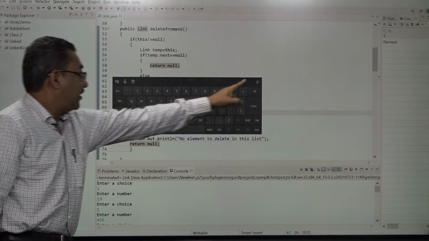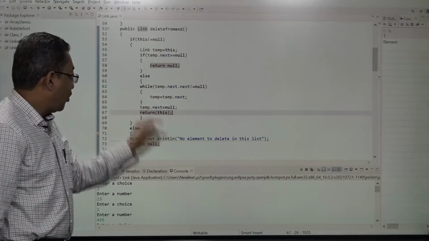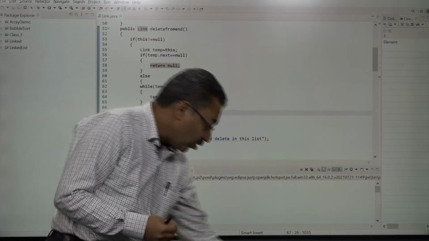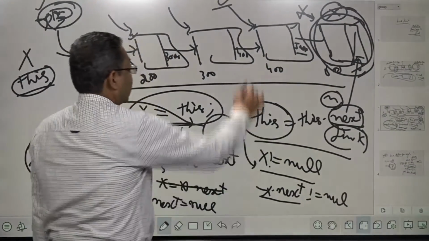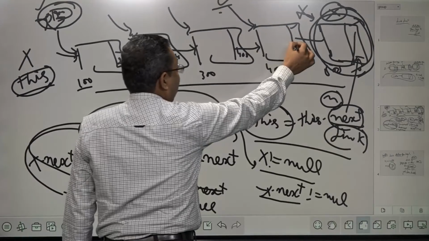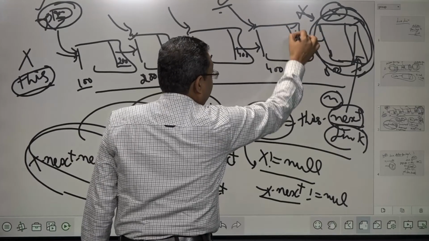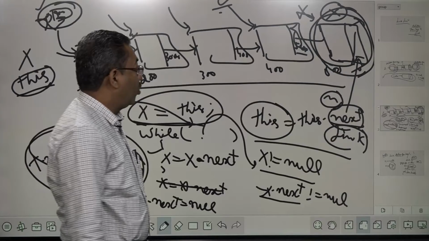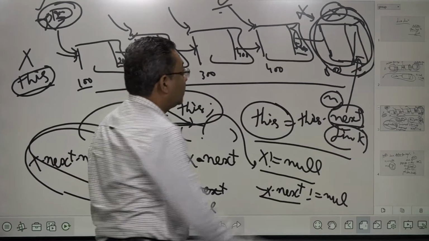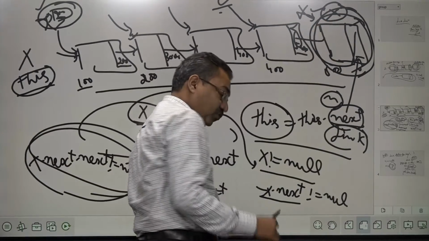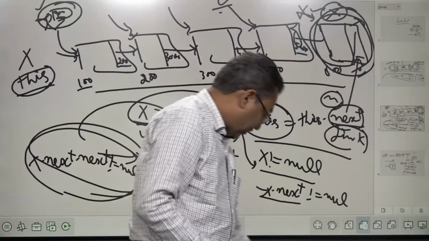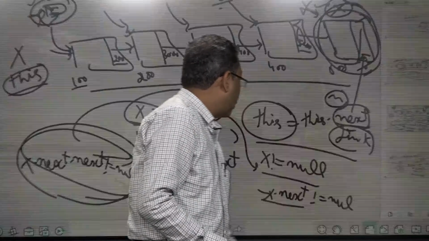And what does this statement say? Temp dot next equal to null. So it is going to make this temp dot next equal to null. So it is changing the link part to null. So this node is removed. So the deletion from the end is complete. But to complete it, what to do next?